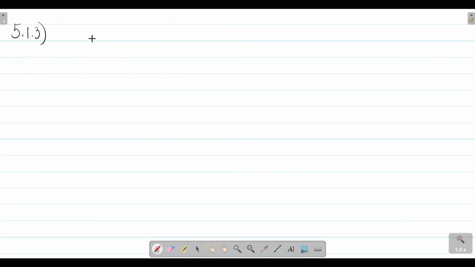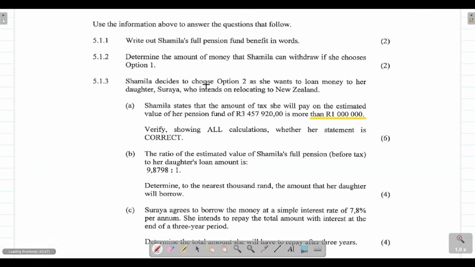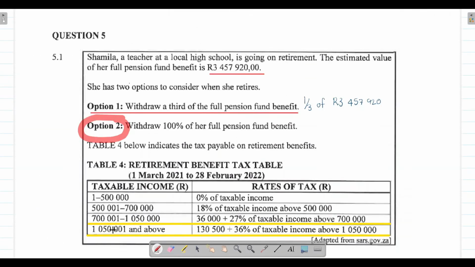Since Shamila is going to get 3,457,920, we know that this amount falls within the last taxable income bracket.